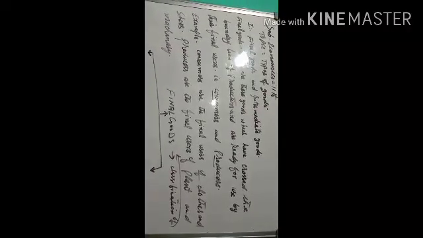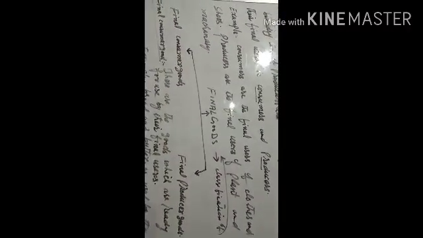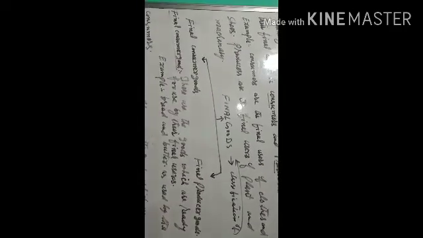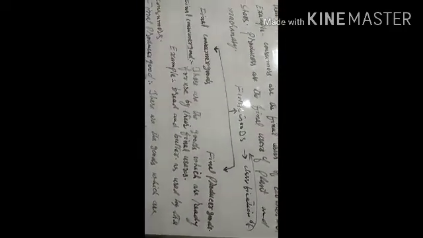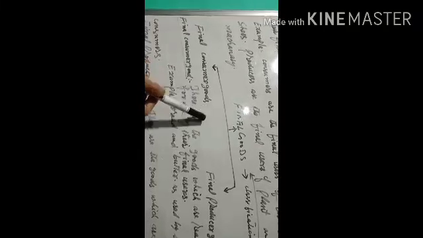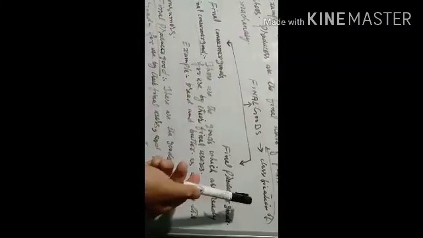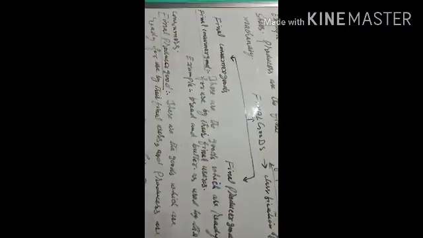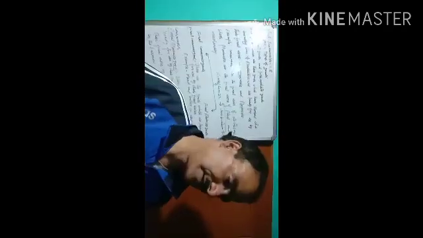Final goods are classified into two categories. Number one, final consumer goods, and number two, final producer goods. What are final consumer goods? Those are the goods which are ready for use by their final users.